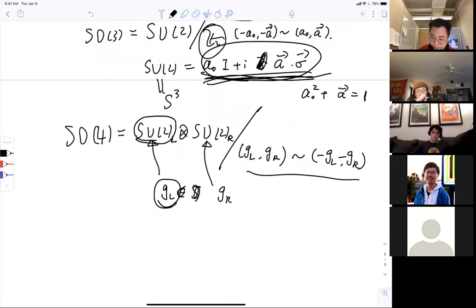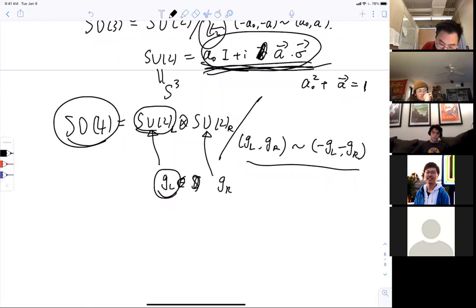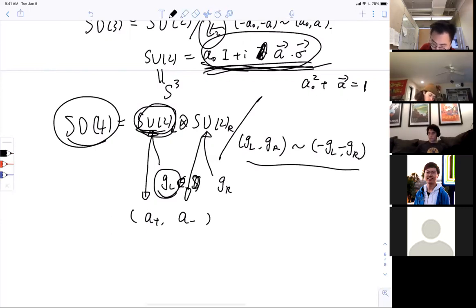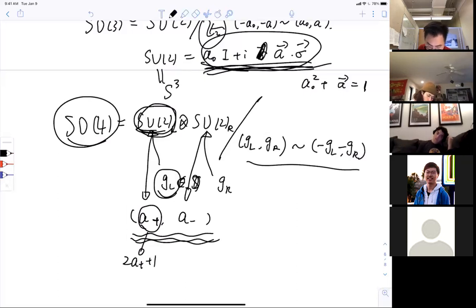So then we know that for this SO4, the irreducible representations can be labeled by two numbers: A plus, corresponding to the representation of the first SU2, and A minus, corresponding to the second. The first has dimension 2A plus plus 1, and the second has dimension 2A minus plus 1.